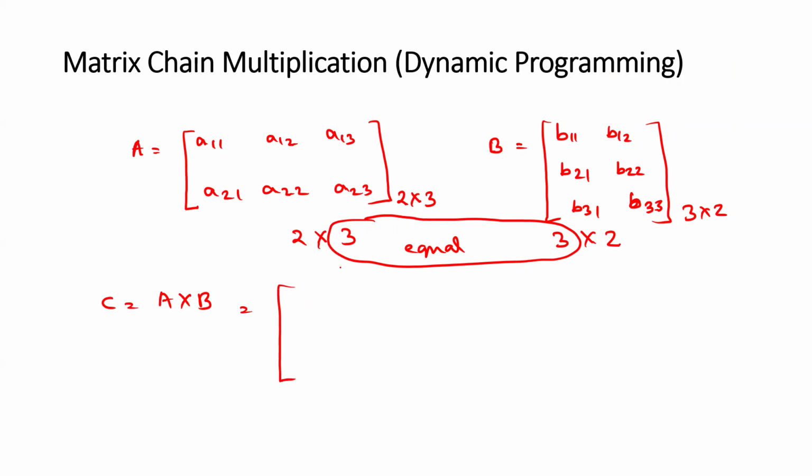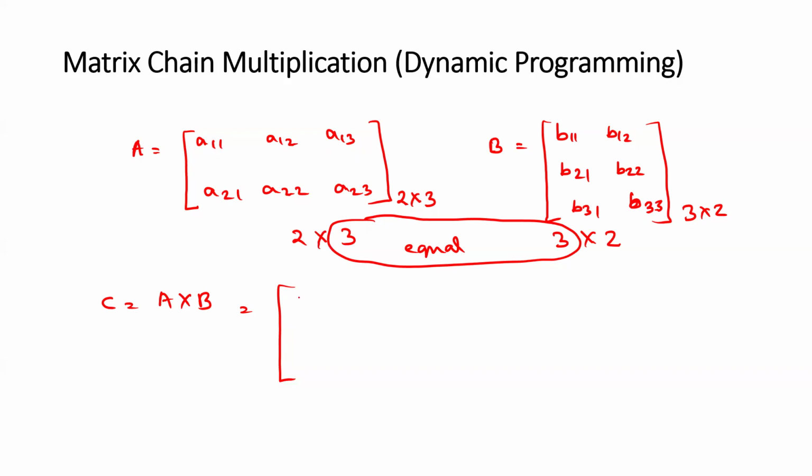How to multiply: the first row of the first matrix is multiplied with the first column of the second matrix. Similarly, the first row of the first matrix is multiplied with the second column of the second matrix.